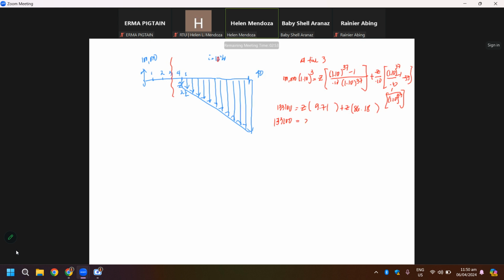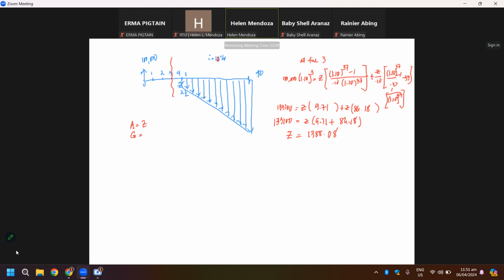Is Z. So, 9.71 plus 86.18, so Z is 96.71 times 133,100, 1388.08.